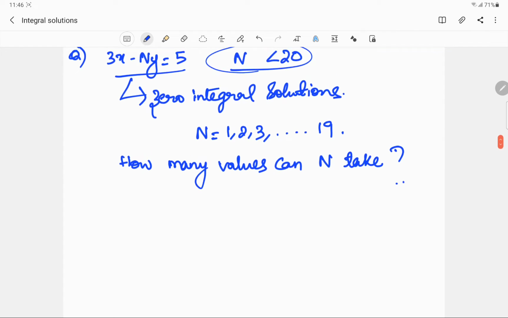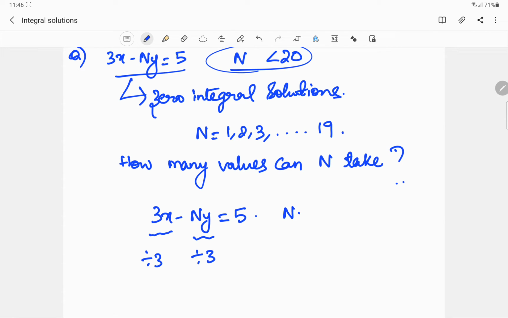Now again the same thing we will apply here. 3x minus ny is equal to 5. So this is divisible by 3. If this is divisible by 3, then the right hand side should also be divisible by 3, but that is not possible. So when n is divisible by 3, we are going to get zero integral solutions to this equation.